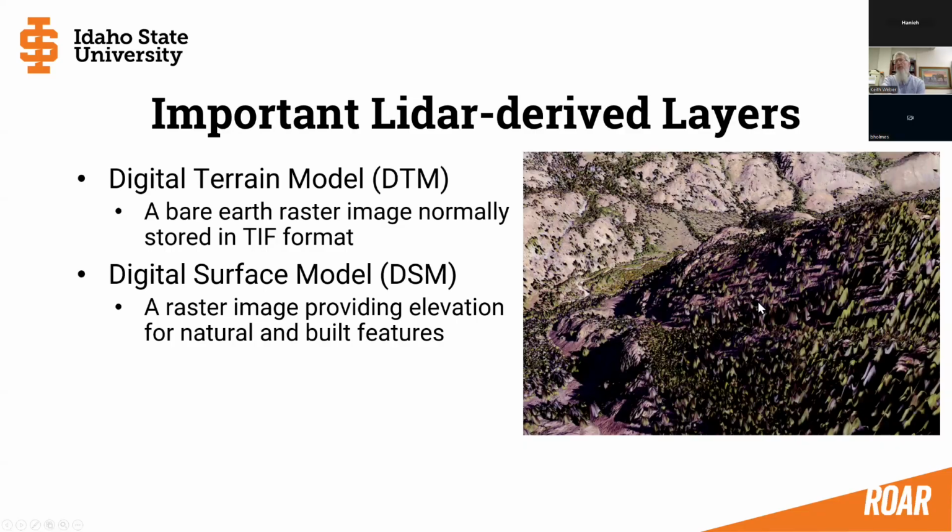This is literally a DSM that we generated for a part of Idaho, and when we drape the NAIP imagery over the top of it, you can see the trees. You can see the rocks and all of good stuff like this. So it is quite a bit different than your bare earth digital terrain model. And of course, if we subtract the two, we then get a canopy height model. With these data, once they're completed, you'll be able to do that if that's something of interest.